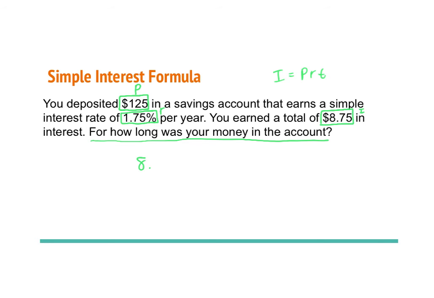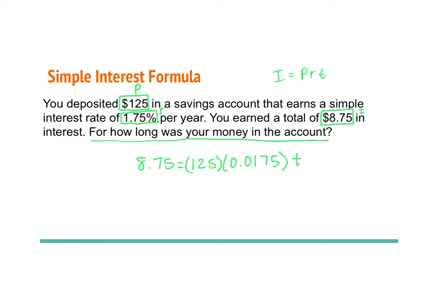We know that 8.75 equals P, which is 125, times the rate, which is 1.75%. Converting that to a decimal is 0.0175. And then time, which we don't know.